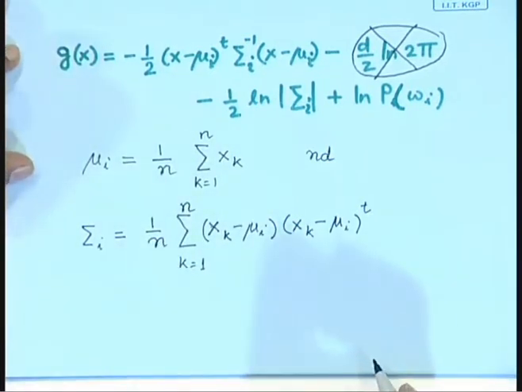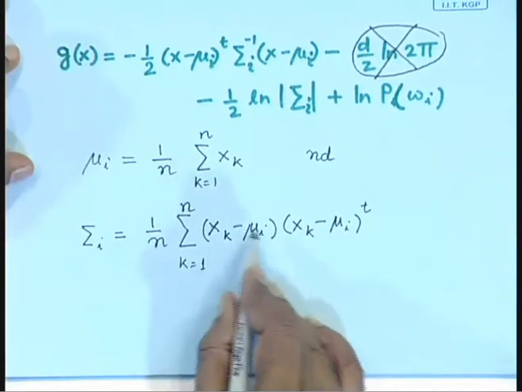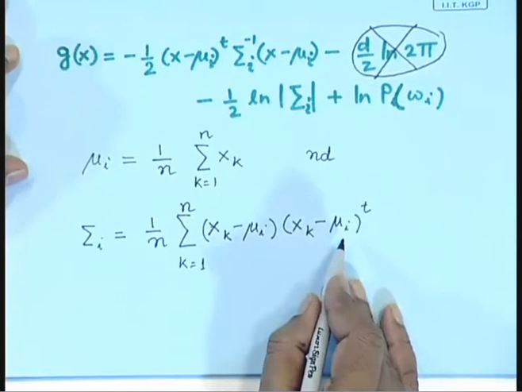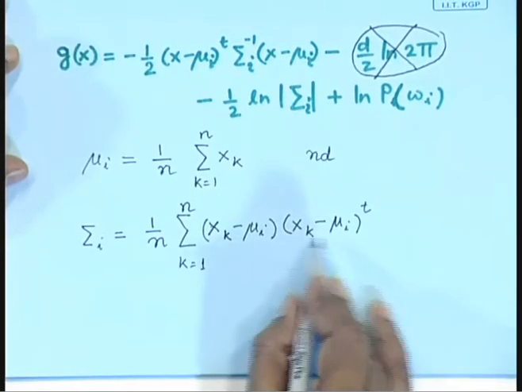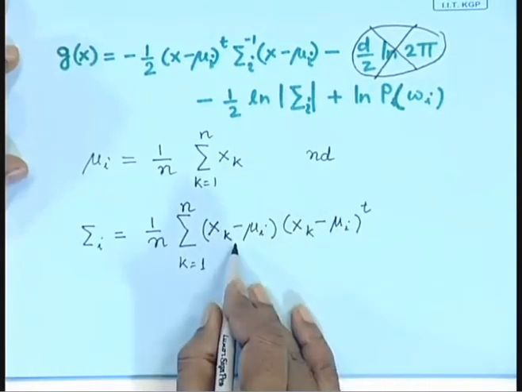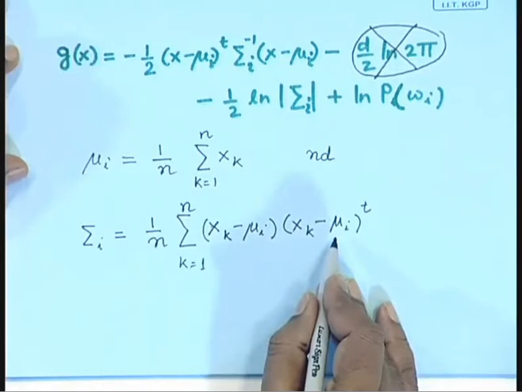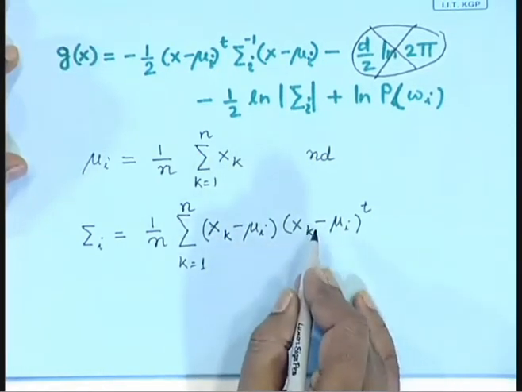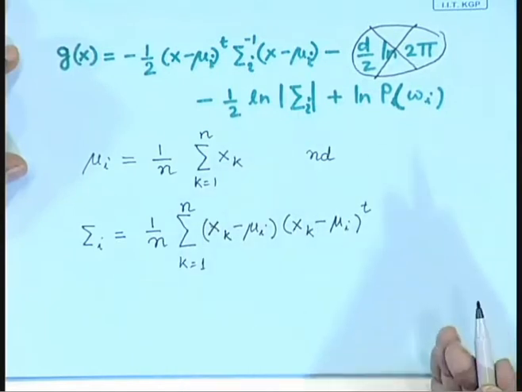So, this is a vector of dimension d by 1, and this is a vector of dimension 1 by d. When I compute, I get a matrix of dimension d by d, that is d square.